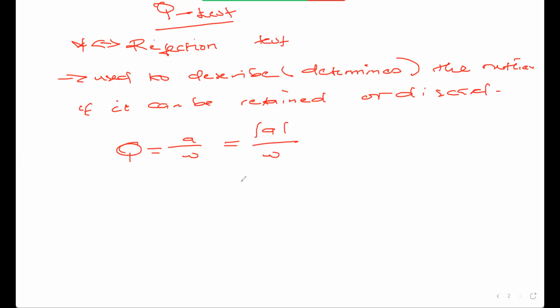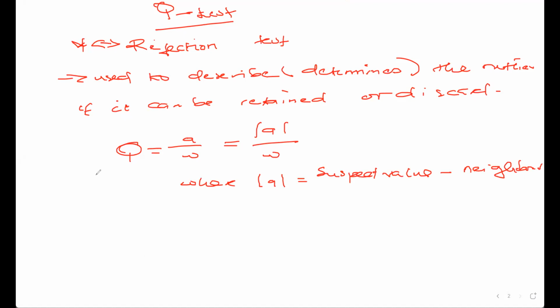The modulus of A is the suspect value minus its neighbor. Its neighbor is the nearest value. So that's how you get your A.